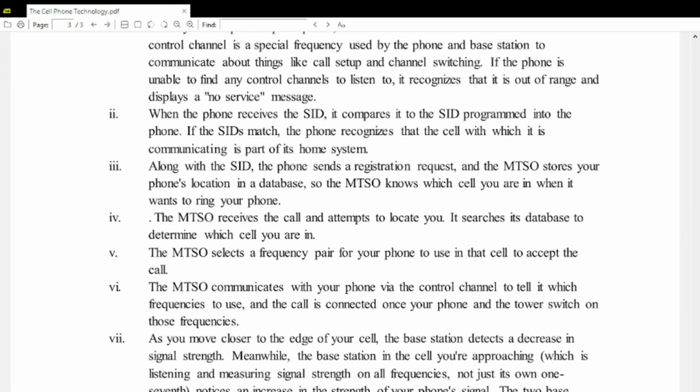Now, the base station that you are in and the one that you are heading to will communicate with each other, and through MTSO they will communicate through the control channel, telling your phone to switch to new frequencies that are part of the cell you are moving into. So that's how the whole thing works.